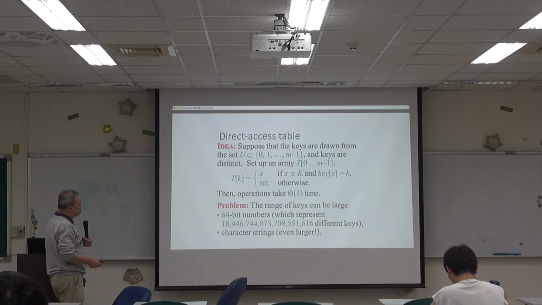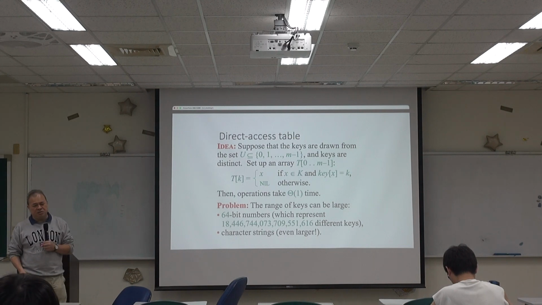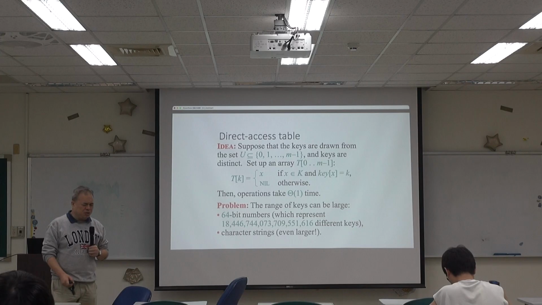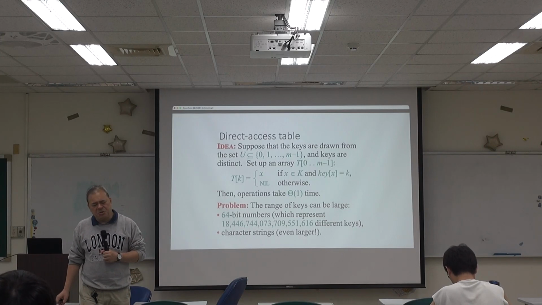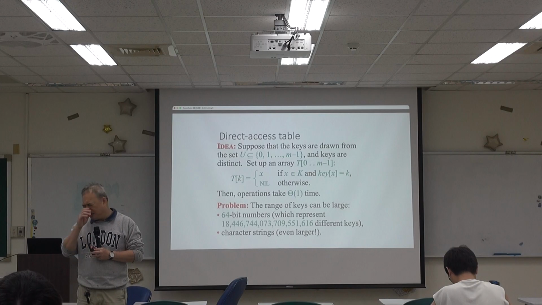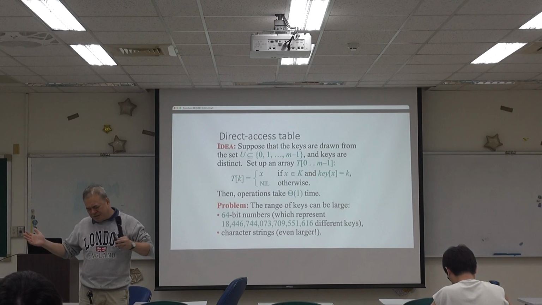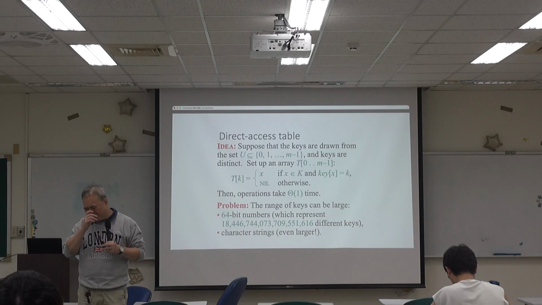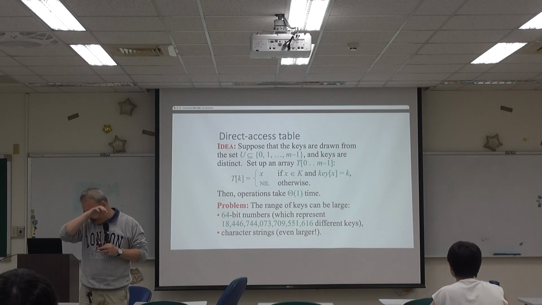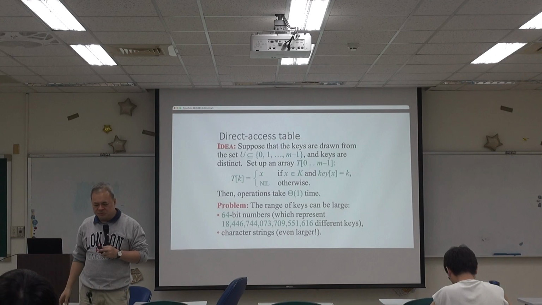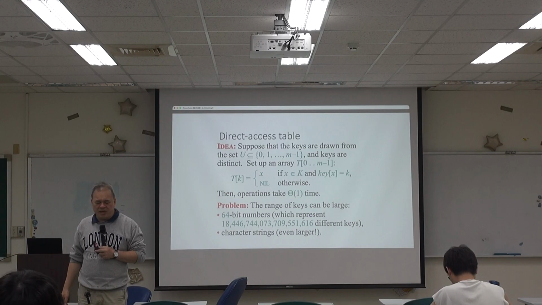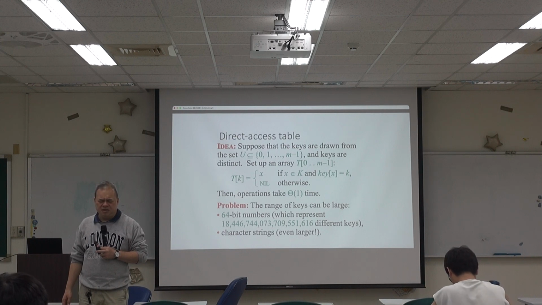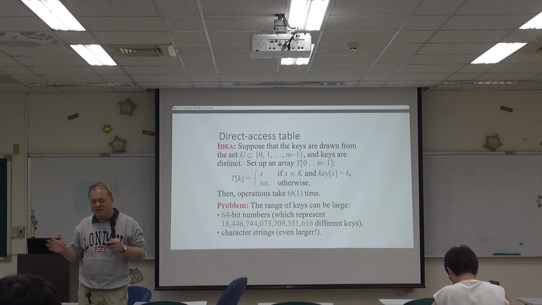With the previous data structures that we talked about, whether it's a sorted array or an unsorted array, if you don't use the space of the key as the size of the array, then somehow you need to put your records into the array, and either you need to sort them, putting them in a very tight format.